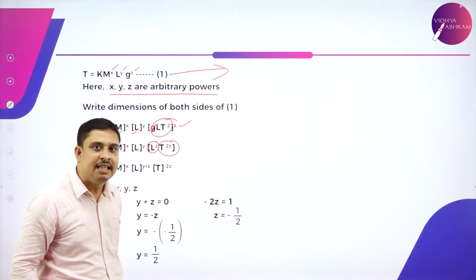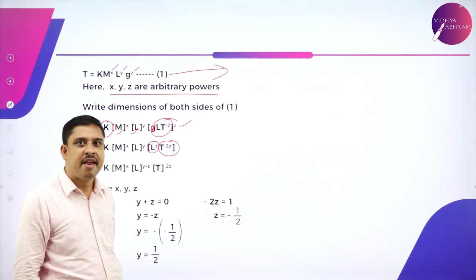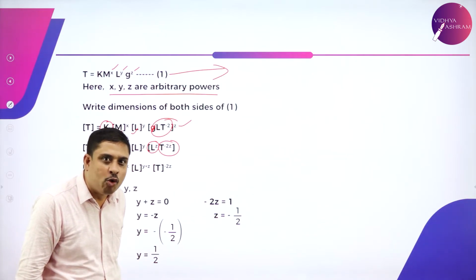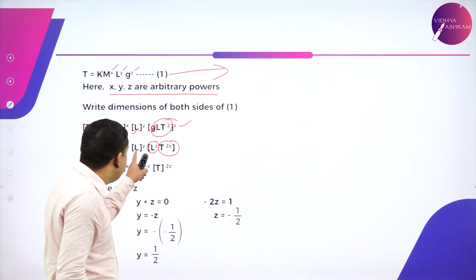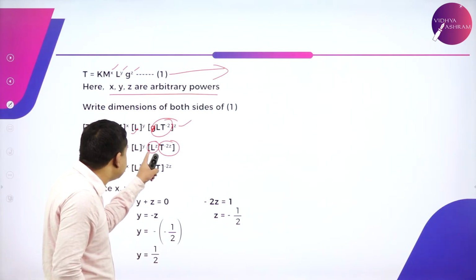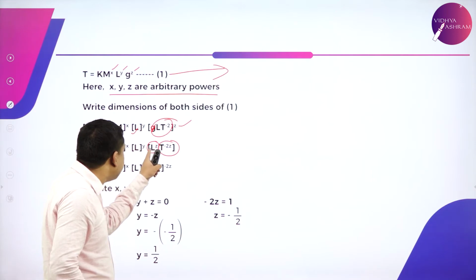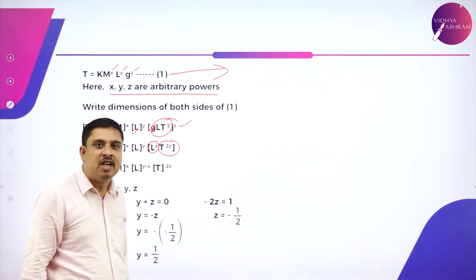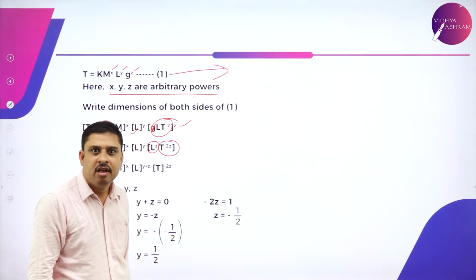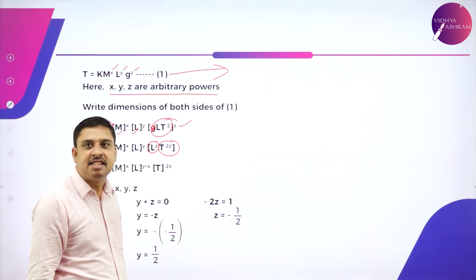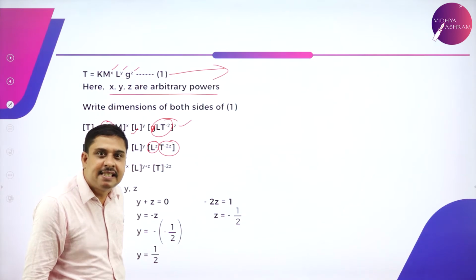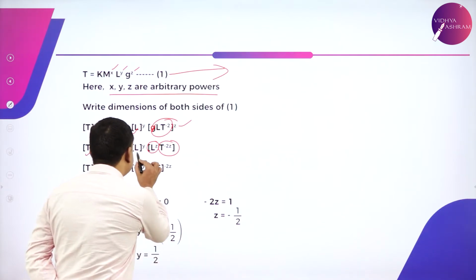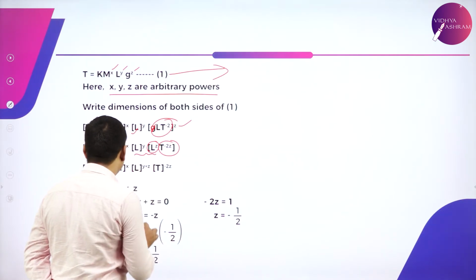Why have I done this? Because I've clearly told you all, we know that if the base is the same, we can add the powers. There is a concept in indices which says if the base is the same, powers can be added.